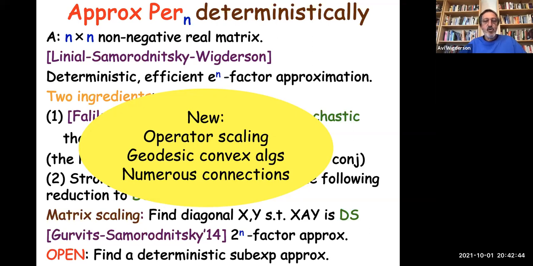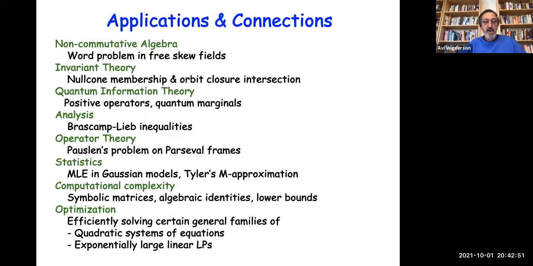Again, these are talks I've given on this subject many times. I'm not going to get to any of this, but just to mention that this operator scaling, which was motivated really by the topic I'm going to end with in the next couple of slides, polynomial identity testing, so motivated by separating permanent from determinant, led to lots of other things.